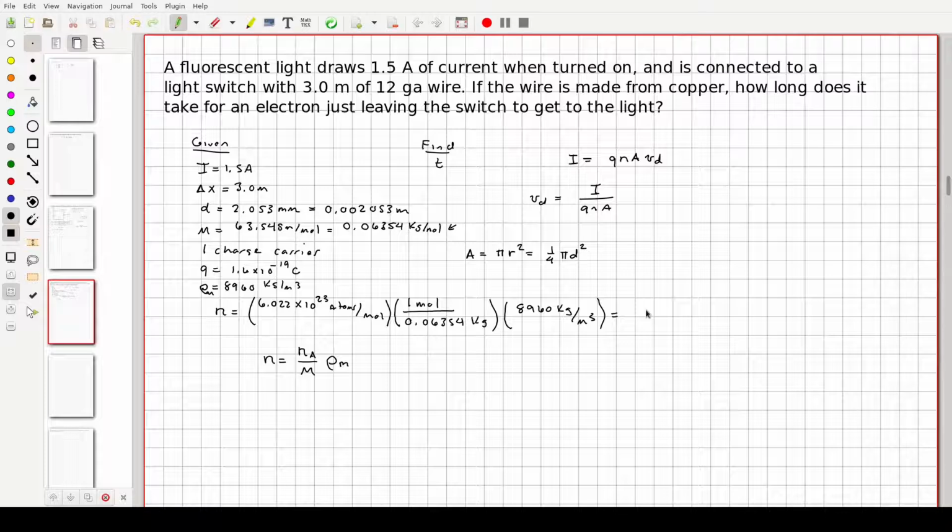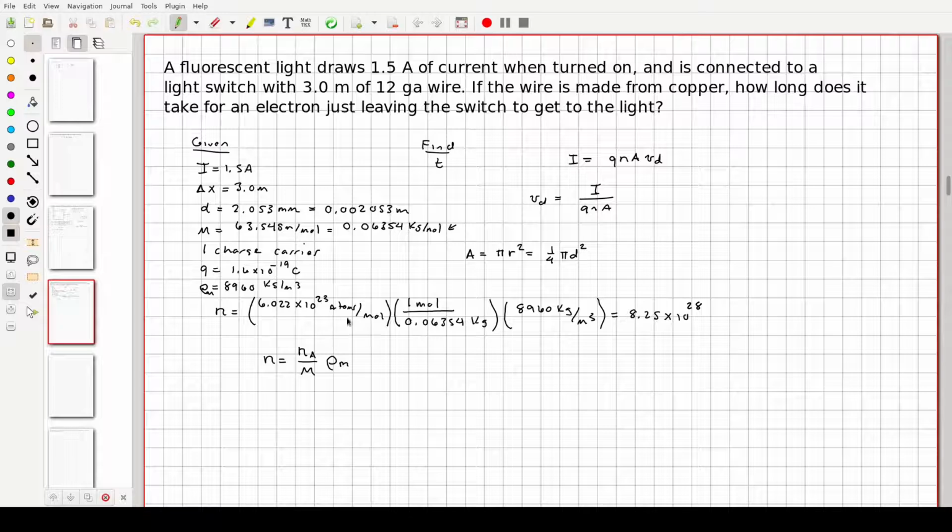That's going to be 6.022 times 10 to the 23rd, times 8960, and then divide that by 0.06354. So I'm getting something like 8.25 times 10 to the 28th.